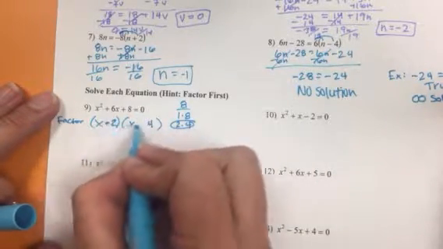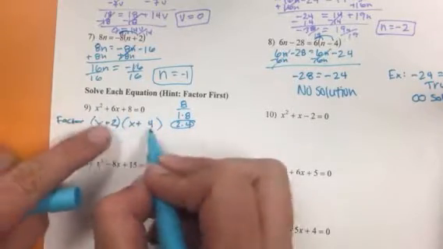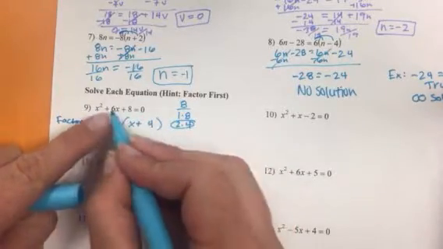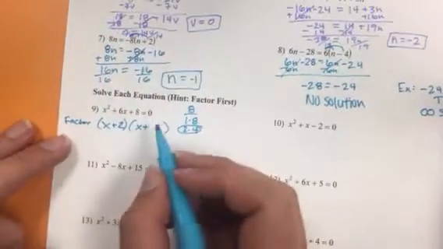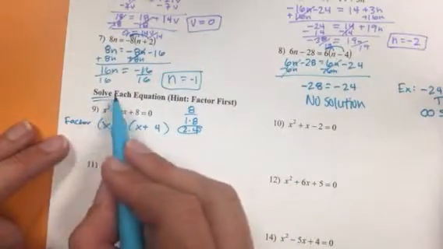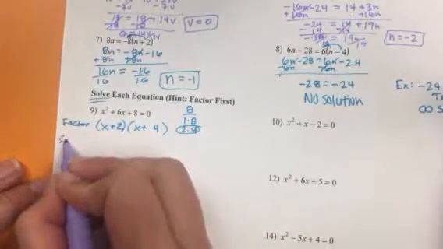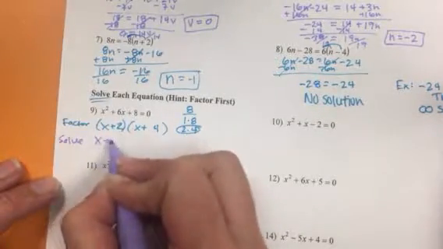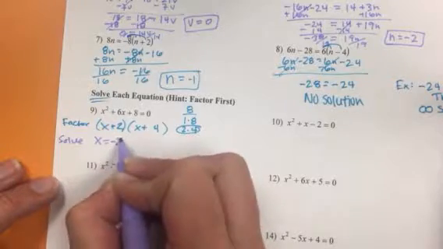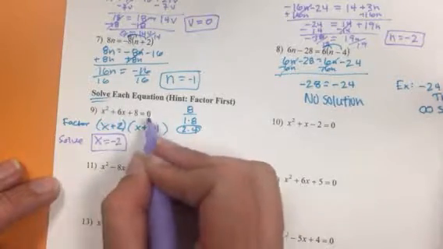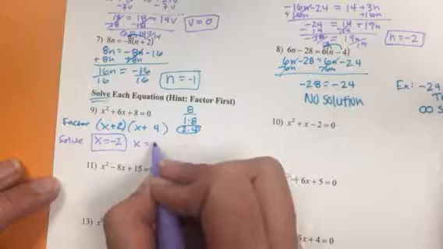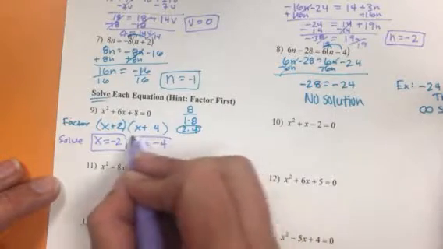They're both positives. X squared, 8, when I add them, 6. That works. Because I am solving, that means x equals, opposite of positive 2 is negative 2, would make that equal to 0. And opposite of positive 4 would be a negative 4 to equal it to 0.